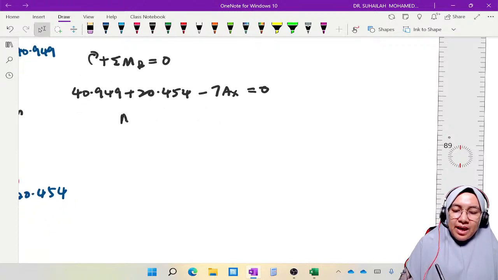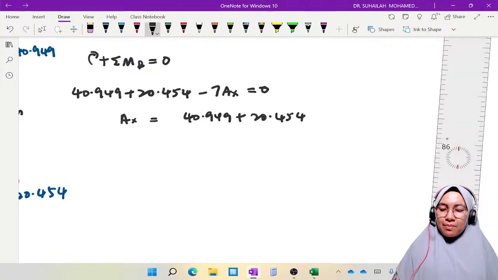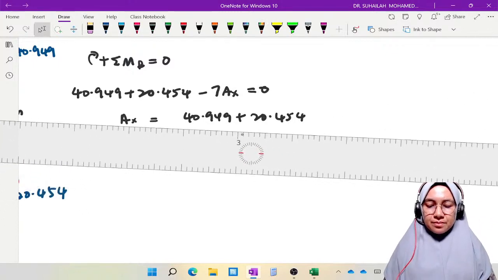So ax is actually equal to 40.949 plus 20.454 divided by 7.